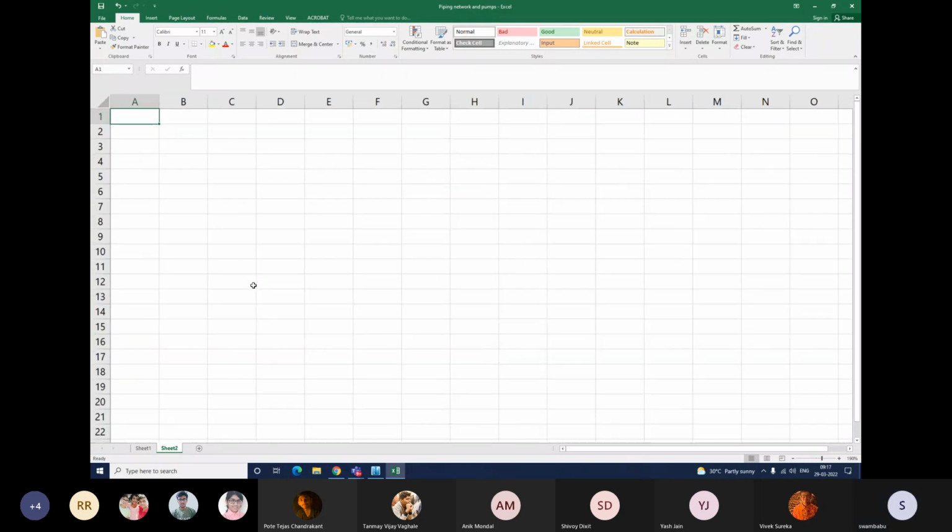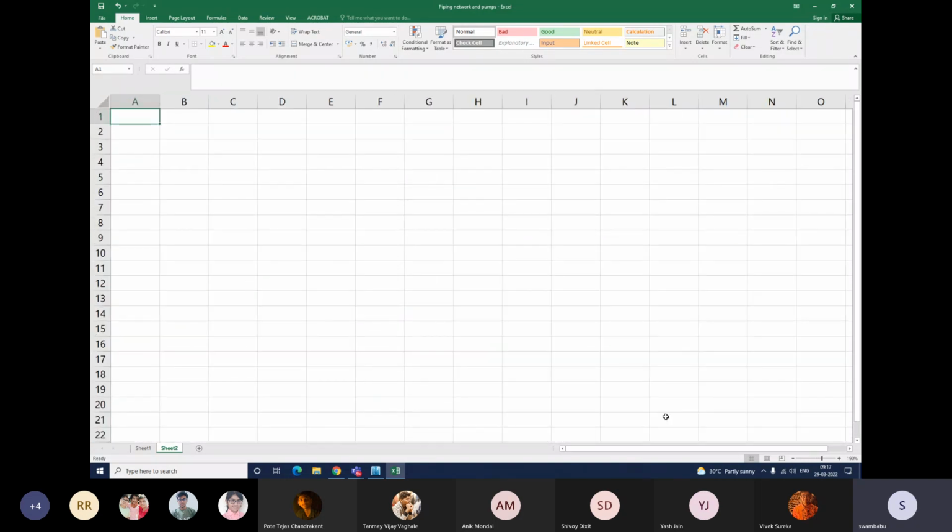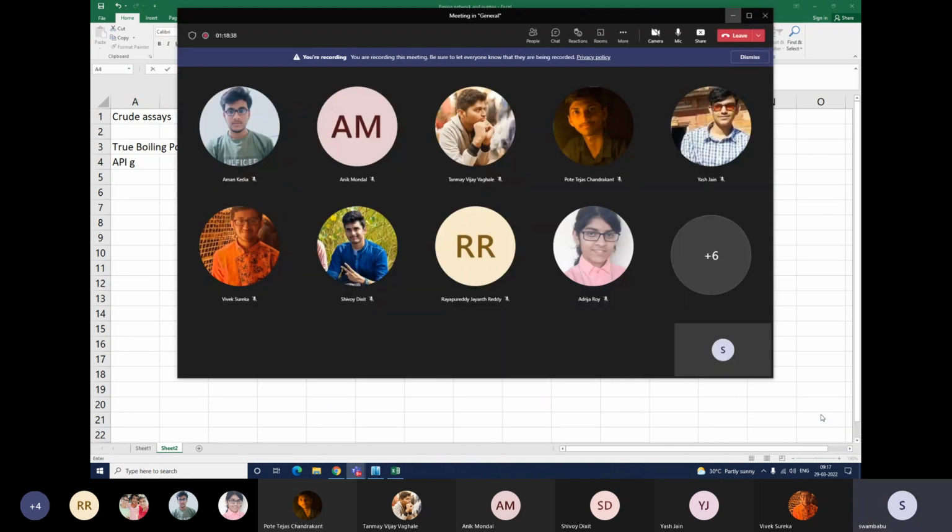The next one is crude assays. Have you heard about the true boiling point curve and API gravity in CPT?